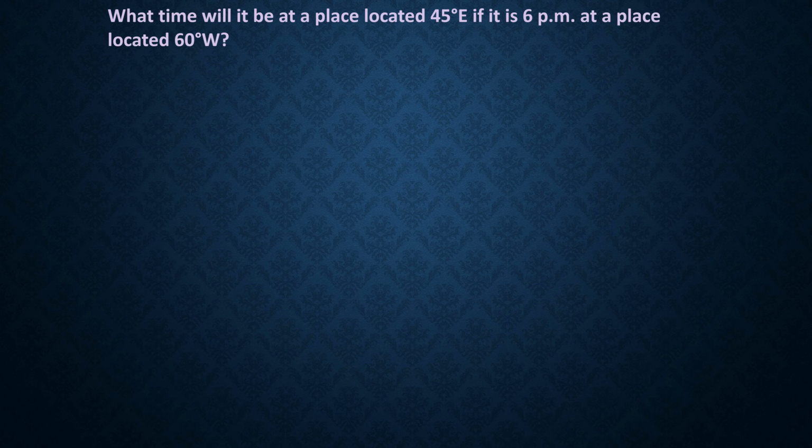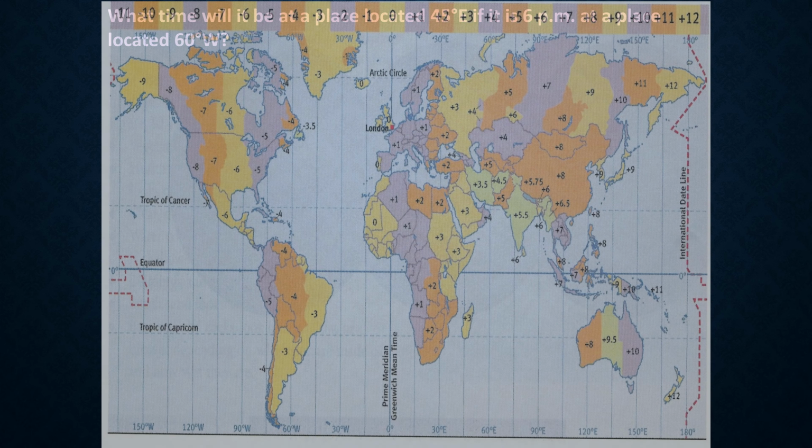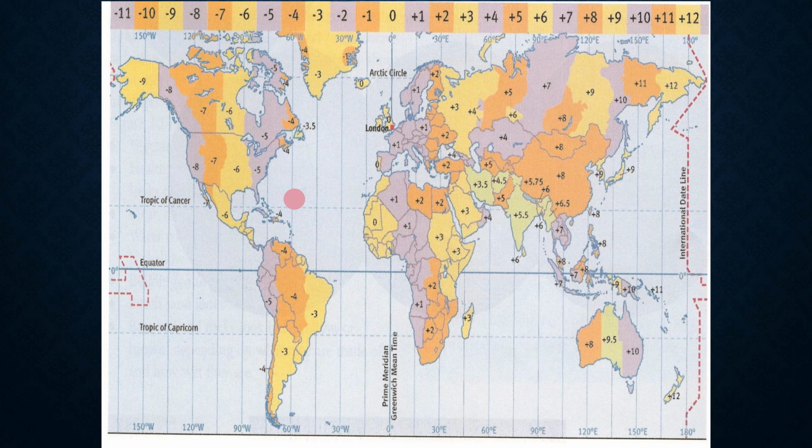Okay, students, let us take it another step further. We want to know what time it will be at a place located at 45 degrees east when it is already 6 p.m. at a place located at 60 degrees west. We're actually reversing the places this time, right? So here are the places at 60 degrees west, 45 degrees east.